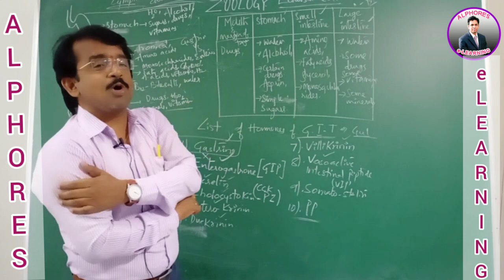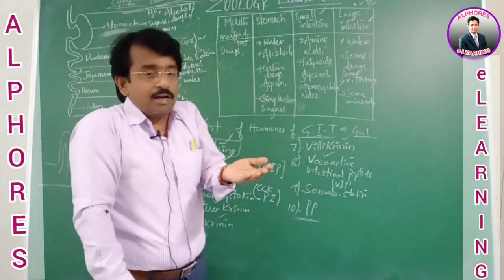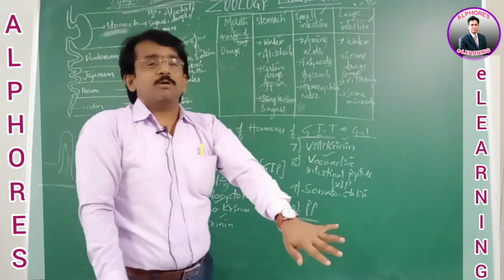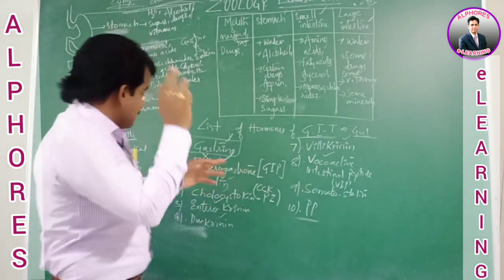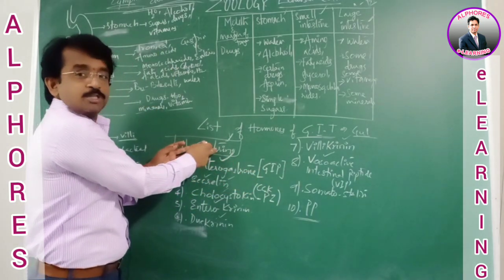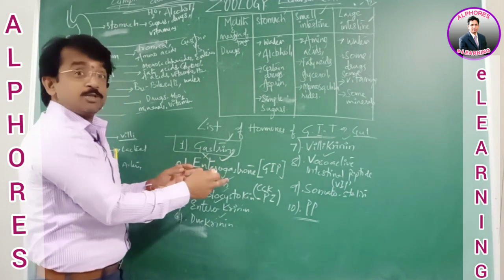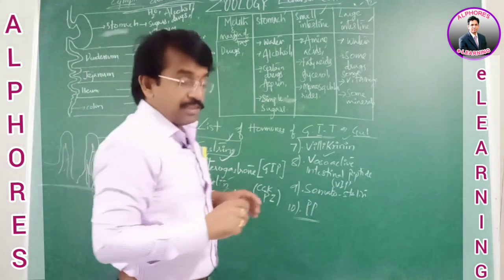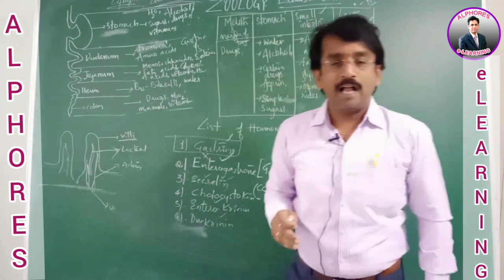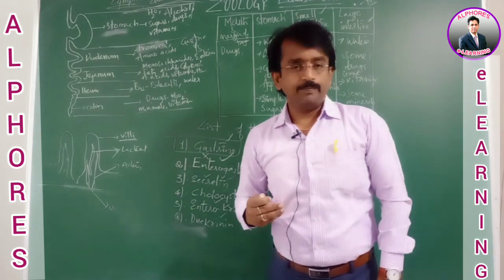Insulin and glucagon are antagonistic: insulin decreases the glucose level, glucagon increases the glucose level. In the same way, gastrin stimulates the secretion of the gastric juice, while enterogastrone inhibits the secretion of gastric juice. These are antagonistic hormones. We have a list of the antagonistic hormones.